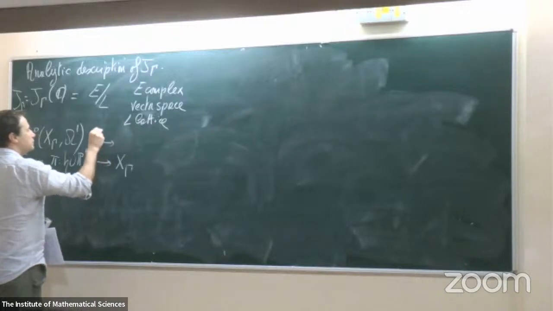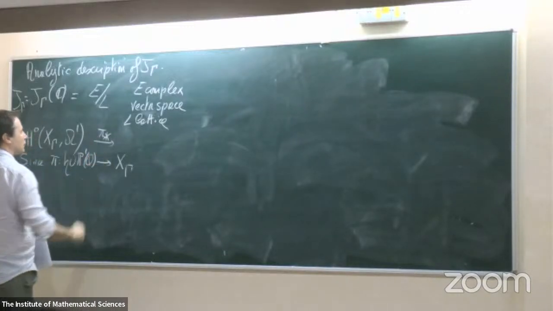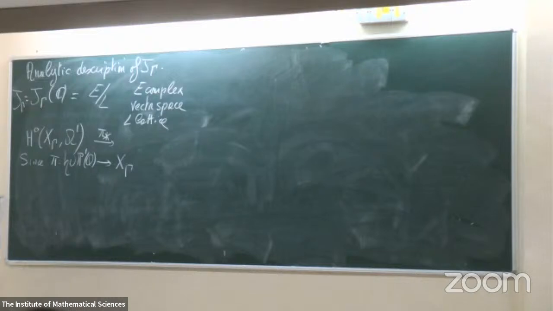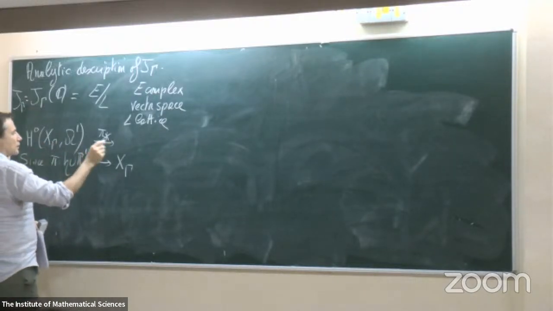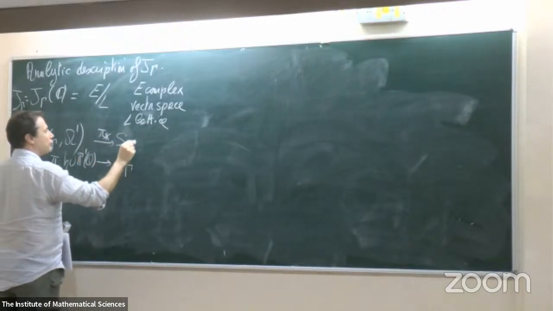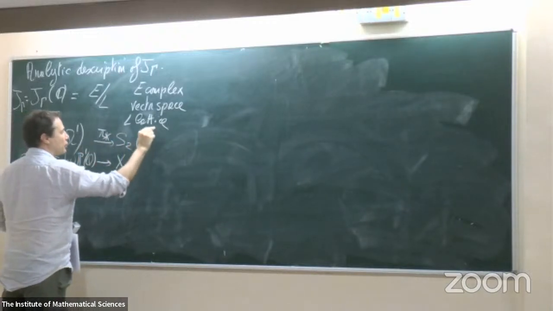If you do that, you get a certain differential form on the upper half plane, and you land in the space of modular forms of weight 2 for Gamma.